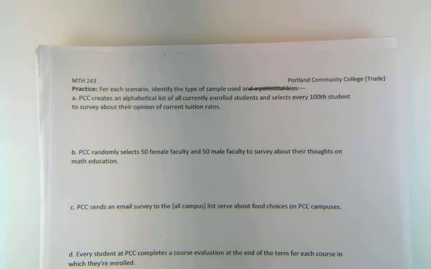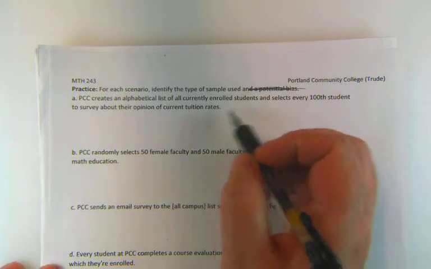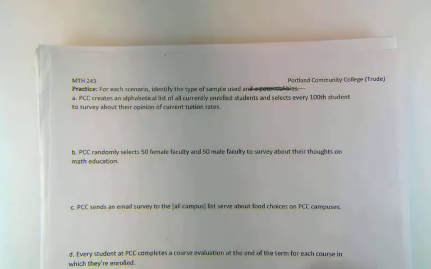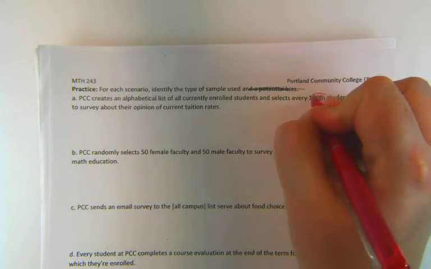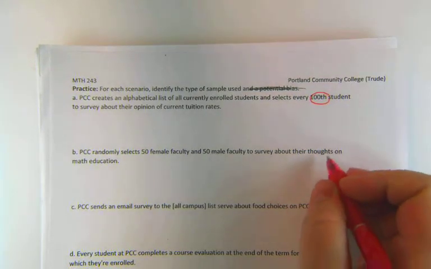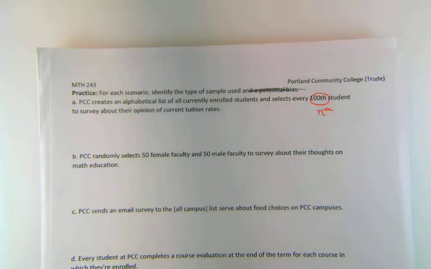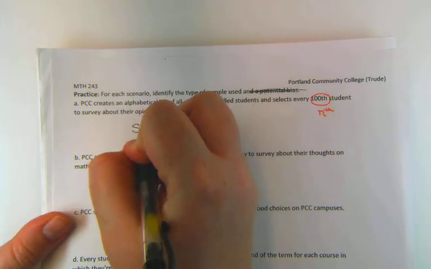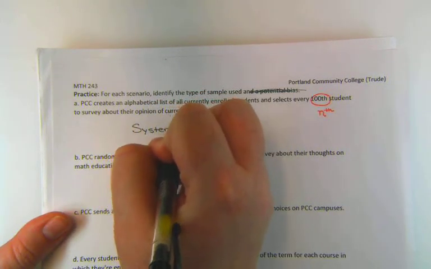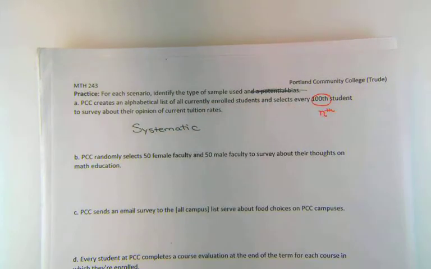So this last page, just want to try out with these few scenarios. What are these types of samples that are being used here? So given some of this information, just figuring out what is our sampling method that's being used here. So PCC creates an alphabetical list of all the students enrolled, and then they select every 100th student.